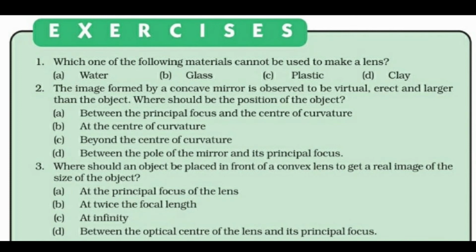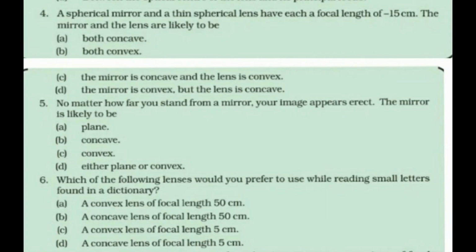Third question, where should an object be placed in front of a convex lens to get a real image of the size of the object? The object is to be placed at twice the focal length of the lens. That's why the second option, B, is correct. Question 4.